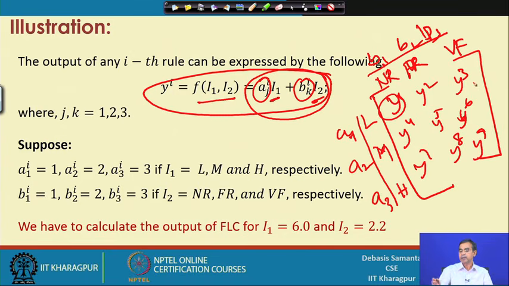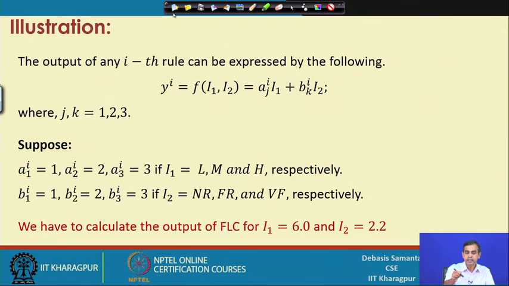So, there are 9 different values to be considered here. Now, for simplicity, suppose we consider the values like this: a 1 for any rule is 1, a 2 for any rule is 2, a 3 for any rule is 3. So, you have a simplified assumption, and suppose it is decided like this.